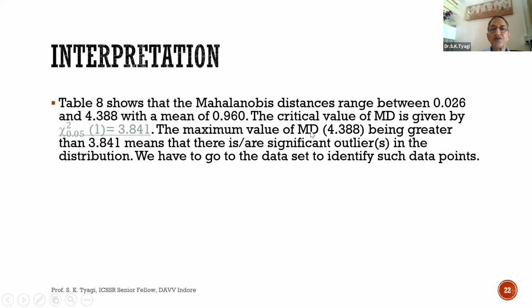The maximum value of MD is 4.388. This is greater than 3.841. This means that there is or are significant outliers in the distribution.